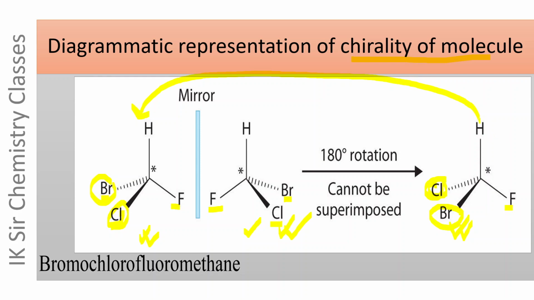Therefore, this mirror image of this molecule is not superimposable. This molecule is not superimposable to its mirror image, and hence the bromochlorofluoromethane molecule is chiral, non-superimposable to its mirror image, and it is optically active.